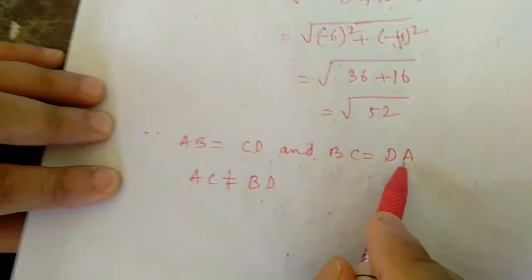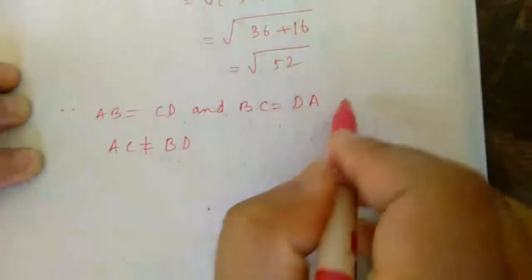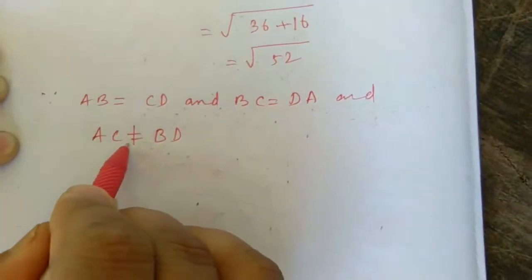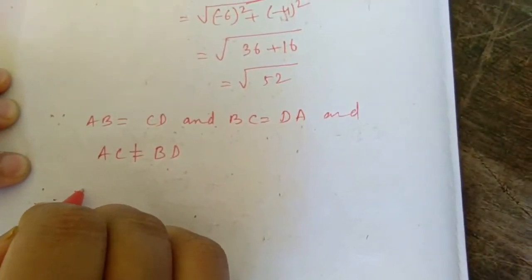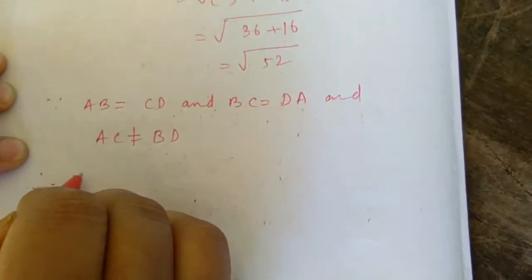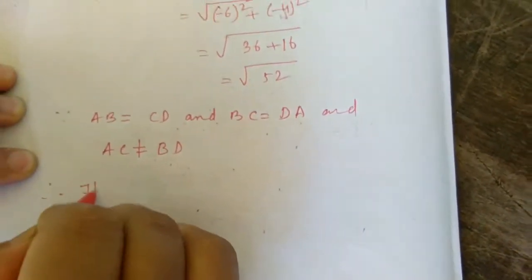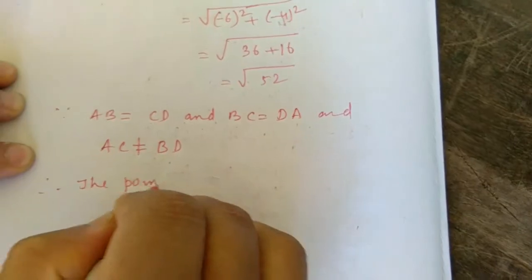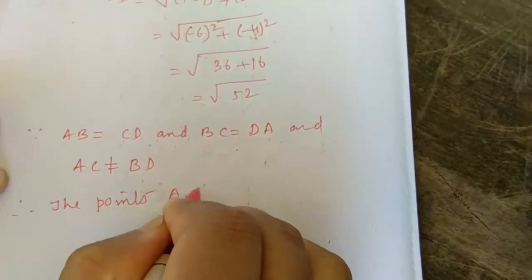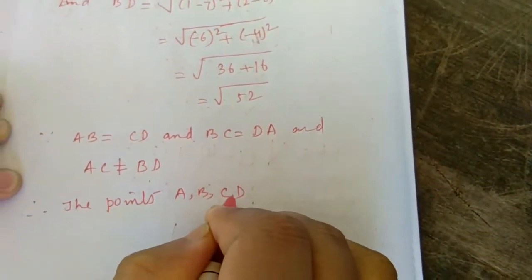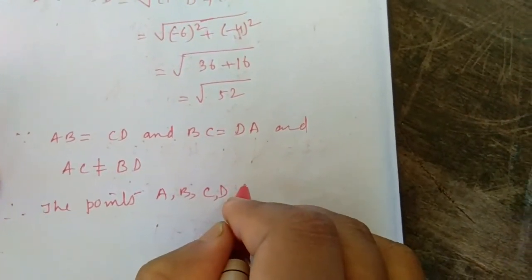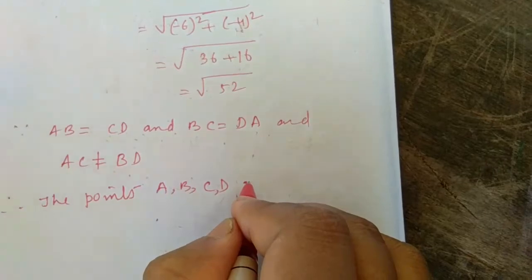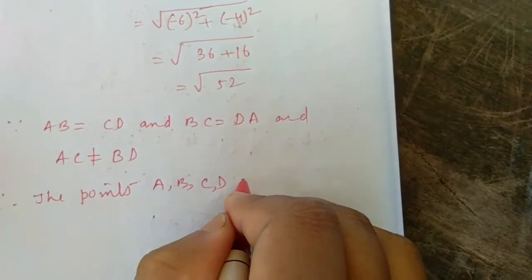So since opposite sides are equal and diagonals are not equal, therefore the points we have taken, A, B, C, D. Okay, clear na?